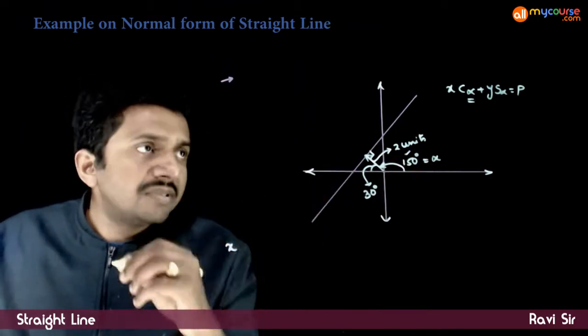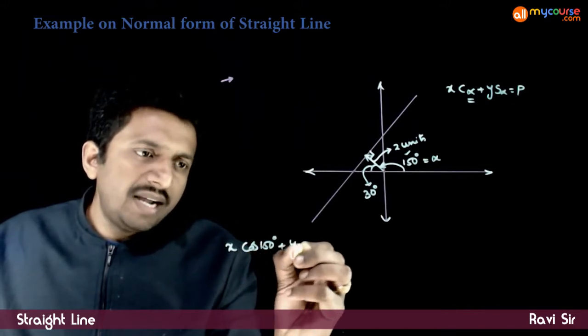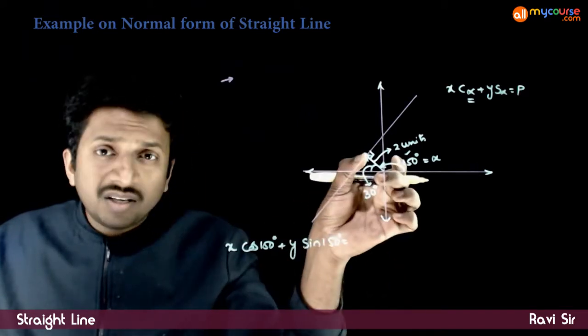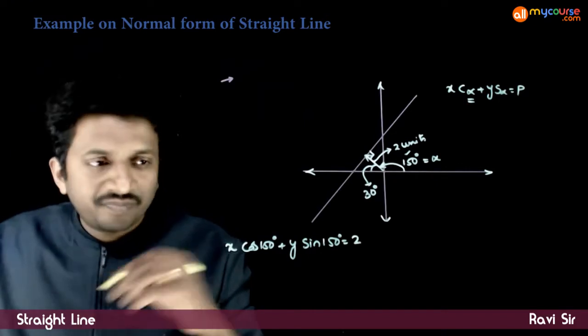So x times cos 150 degrees plus y times sin 150 degrees is equal to the perpendicular distance p, which is 2 units.